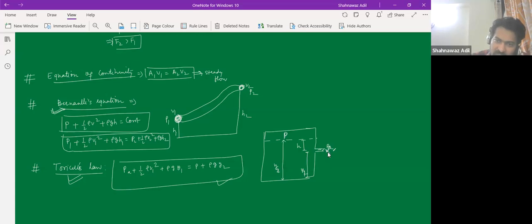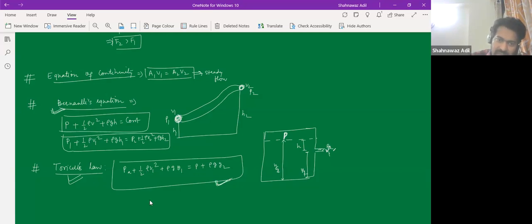So Bernoulli's equation would be PA plus half rho v square plus rho g y1, right? And at this point, this is pressure P, and the height is y2. And there is no speed of the liquid in this part, right? Velocity V2 is 0. So then you will get this relation.